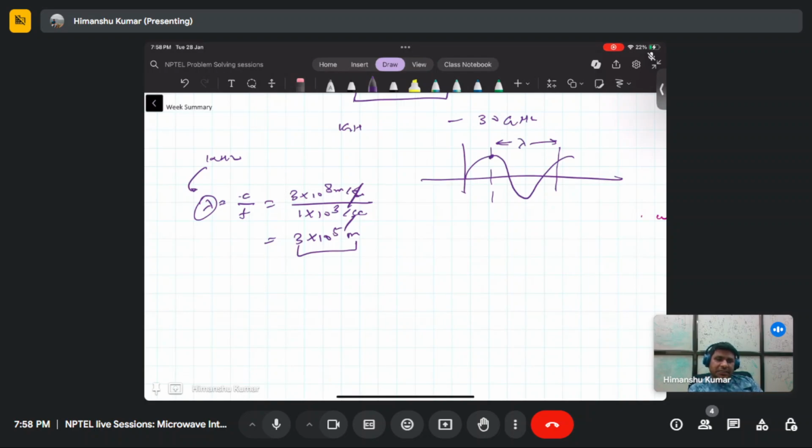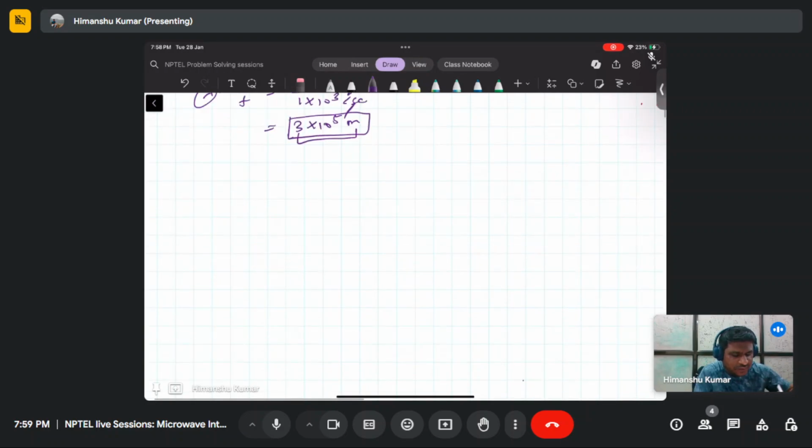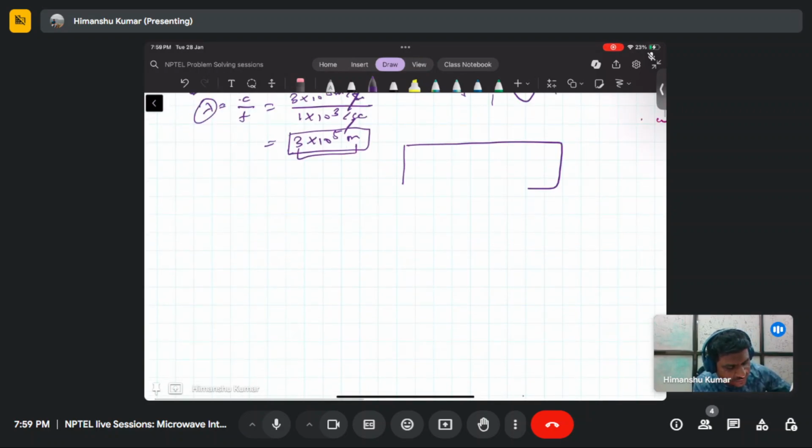If you have a very low frequency, your wavelength is much larger compared to your circuit dimensions. Then you don't need to consider the periodic variation of voltage and current. Let's say this is a wire or microstrip line made on a PCB, printed circuit board, and it is 10 centimeter, or let's say 5 centimeter.